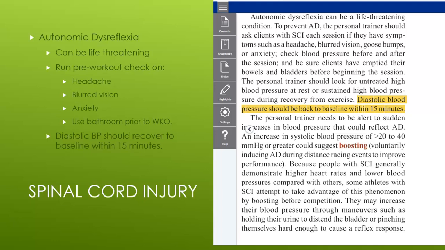Boosting itself is voluntarily inducing autonomic dysreflexia to improve performance. So it becomes almost like a doping type hack, if you will.